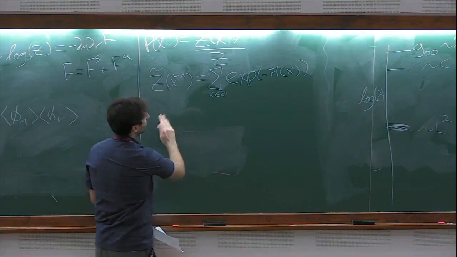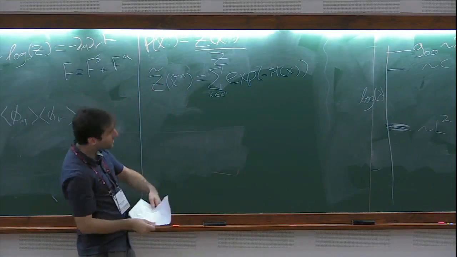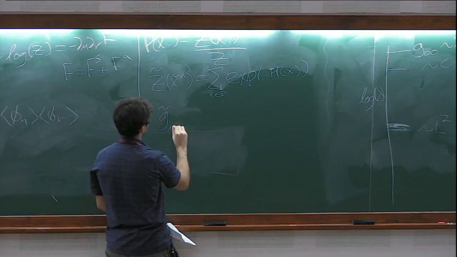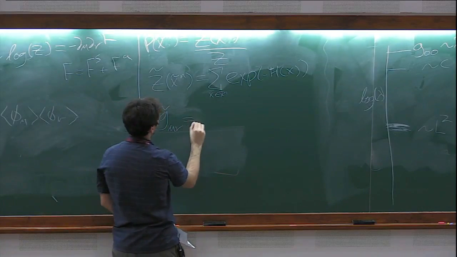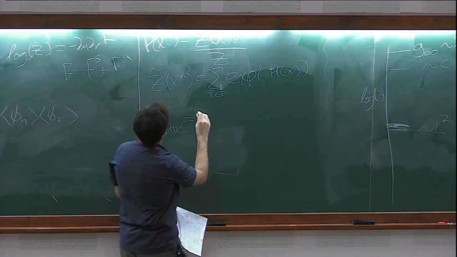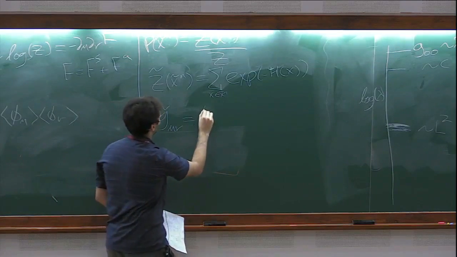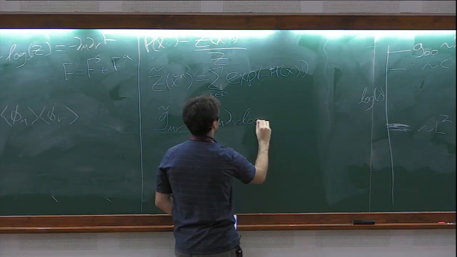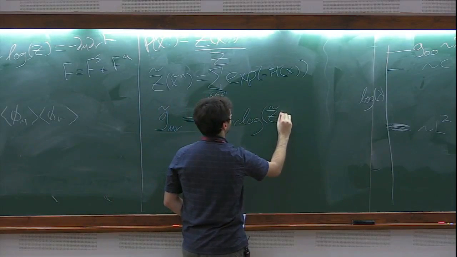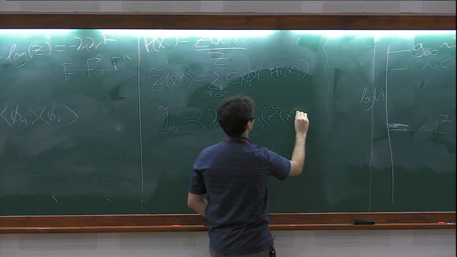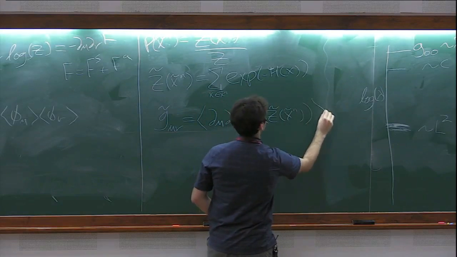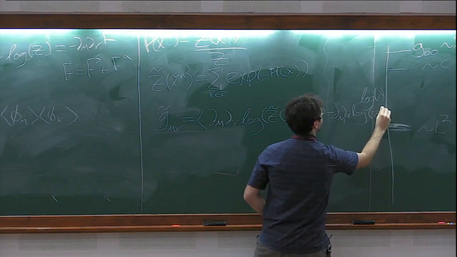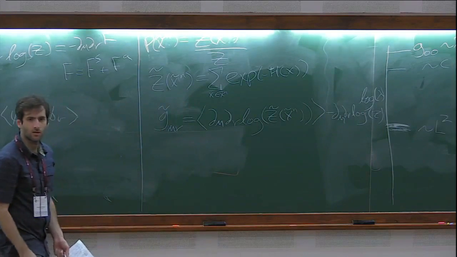Okay, so now I can write the Fisher information with these as the observables. So g tilde mu nu is going to be minus d mu d nu log z, right?